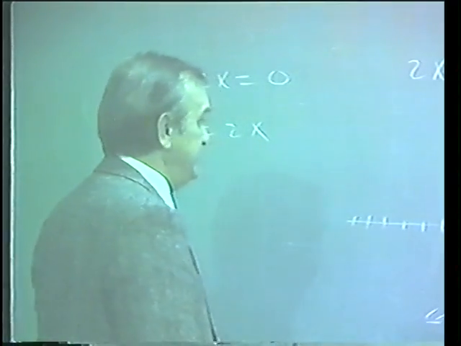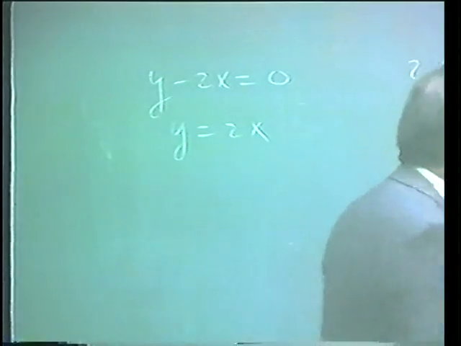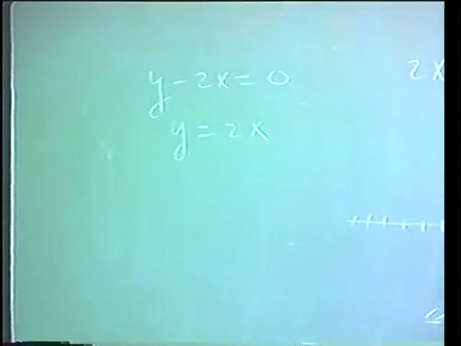Okay? So you see, the intercept method does not work all the time. So we know how to graph linear equalities. We also learned how to graph linear inequalities. Example.